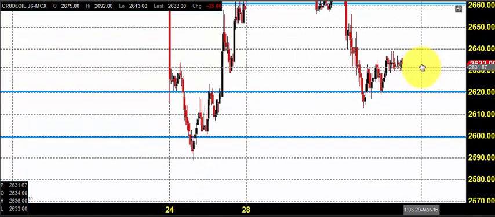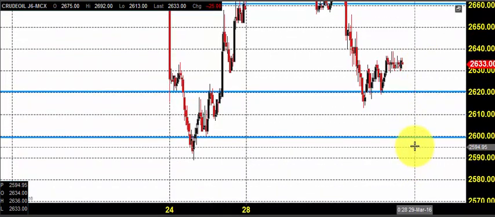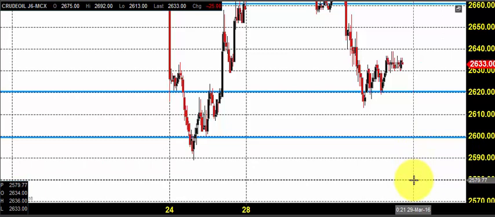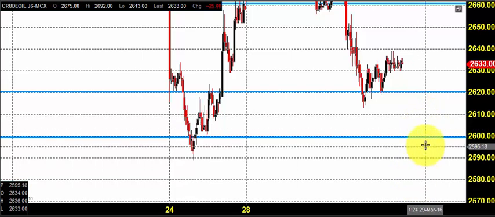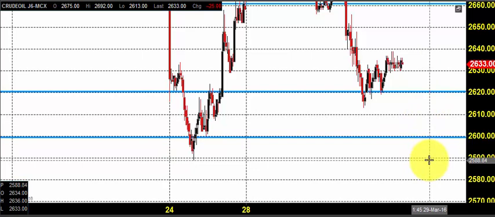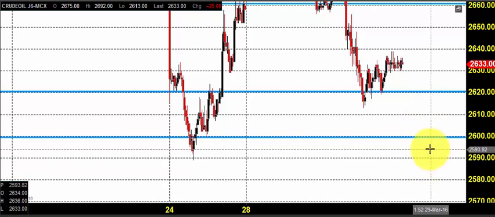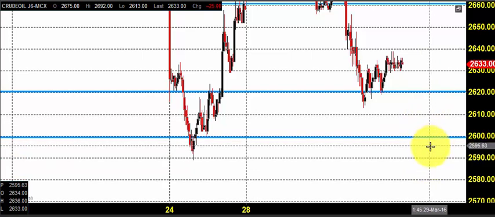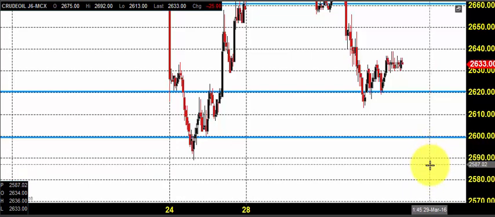So if you want to sell, to be on the safer side, on the breakdown below 2590, you can go for selling. So what we advise was, initially you can go for buying till 2600, place your stop loss around 2590. If you see a strong price action below 2590, you can go for selling.